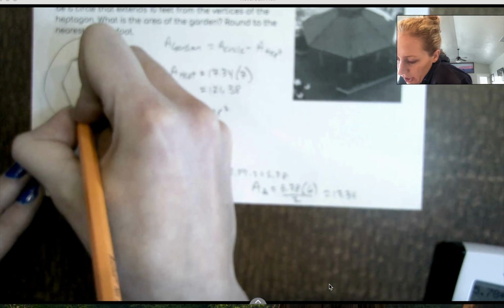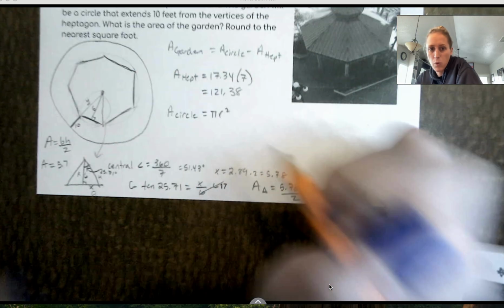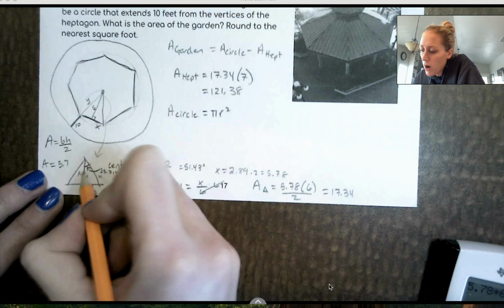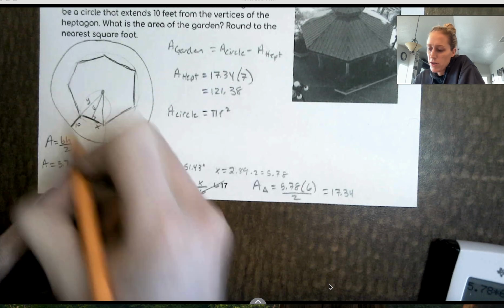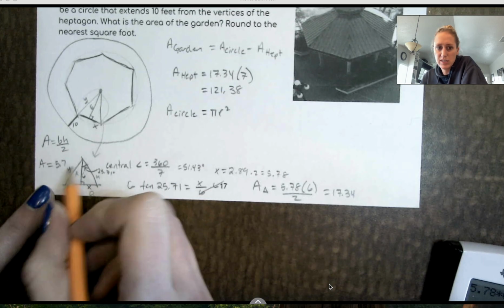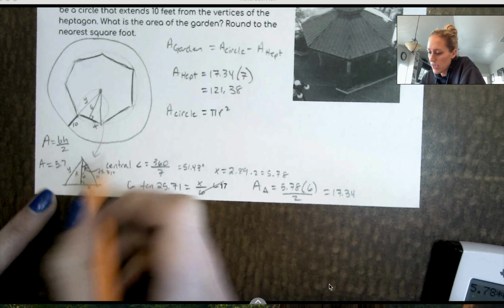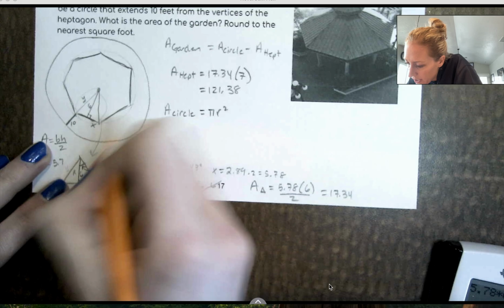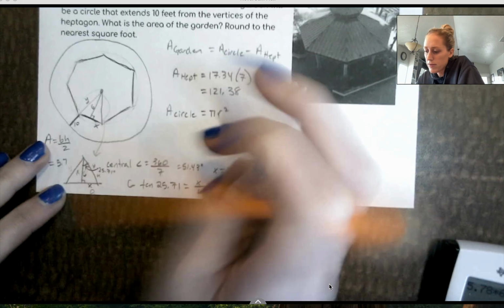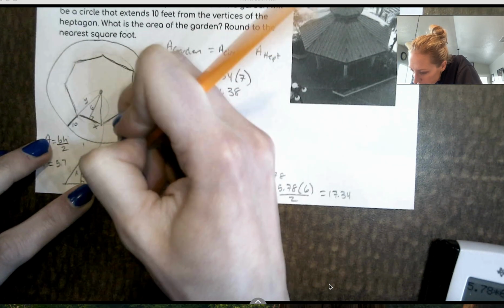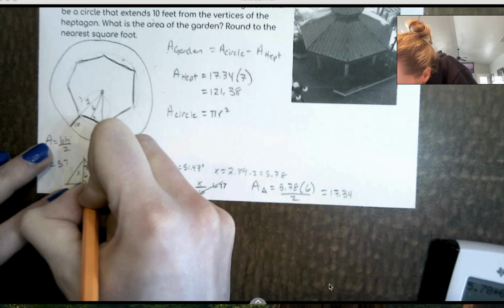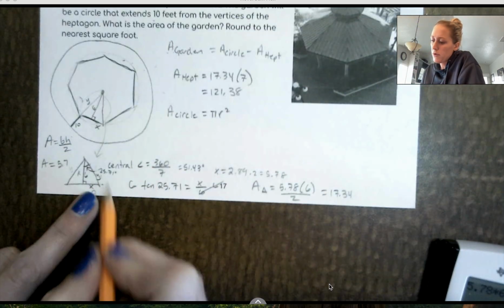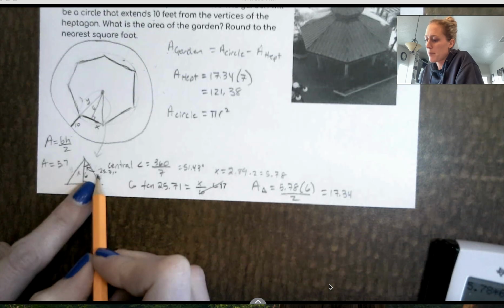So I'm going to use a different variable. We already used x. I'm going to call that guy y. So y is the hypotenuse of this triangle, right? So again, I can use SOHCAHTOA. I'm going to use adjacent and hypotenuse here.